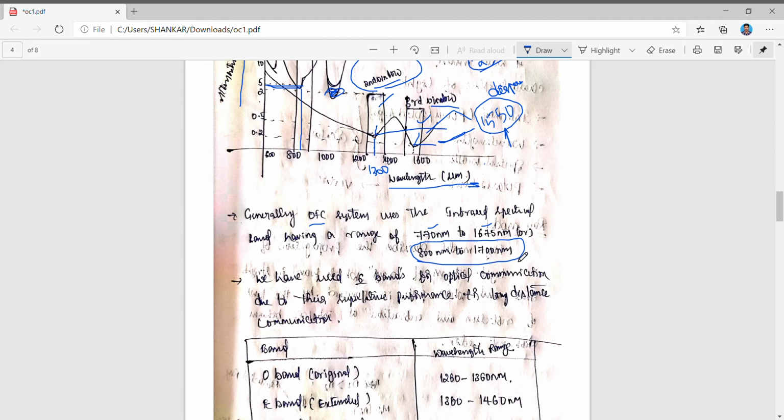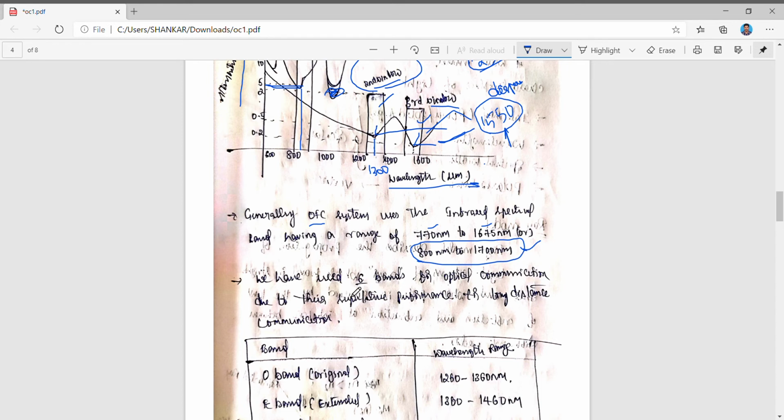This entire band I will subdivide into different spectral bands. Which band is used for which type of system? I will divide the entire bandwidth into sub-bands.